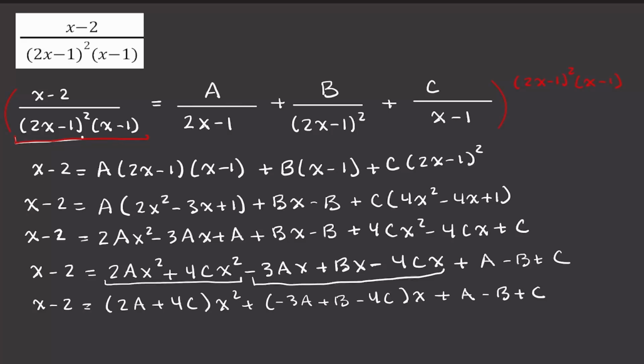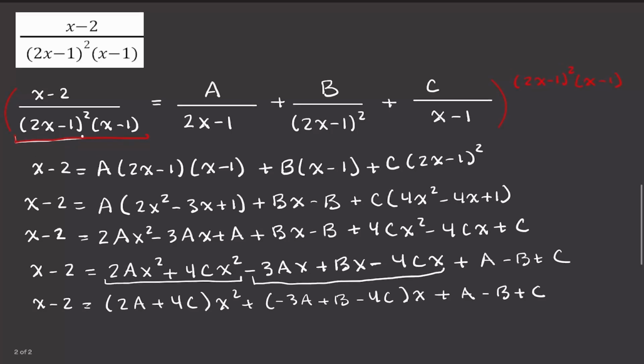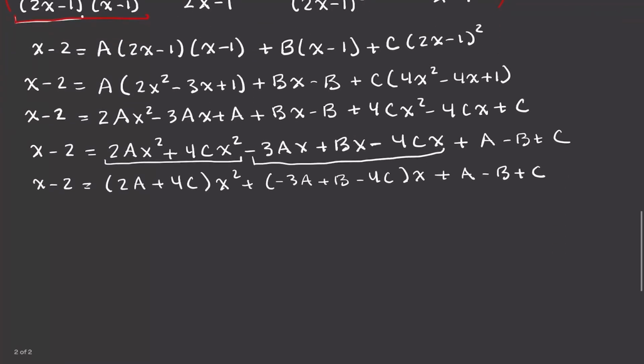After we group them together, we're going to match the coefficients. Since both sides of this equation are equal, the constants in front of the variables need to be equal. Here we have 2a plus 4c times x squared.